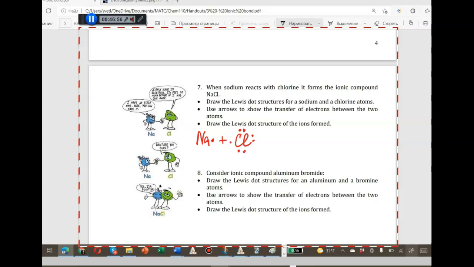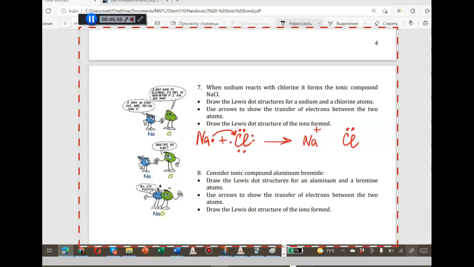So when a sodium atom meets a chlorine atom, what is happening here? Sodium loses its valence electron, and chlorine gains an additional electron, and after that they become ions. So sodium has no electrons in its valence shell, right? And chloride, now, as you can see, I am calling it chloride, not chlorine.